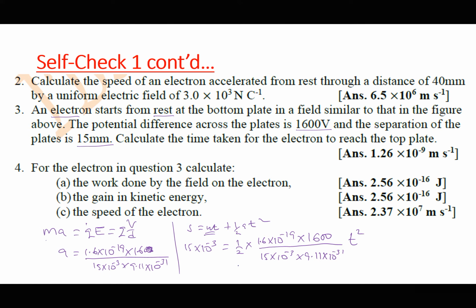So you cross multiply, make t squared the subject, find the square root. I'll just press my calculator to find the t from this point.